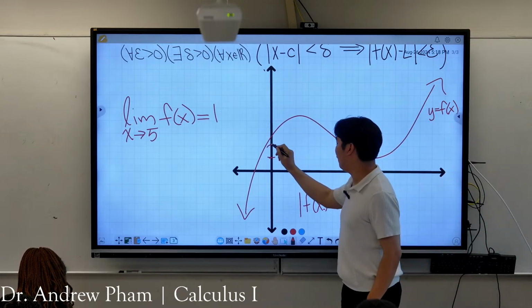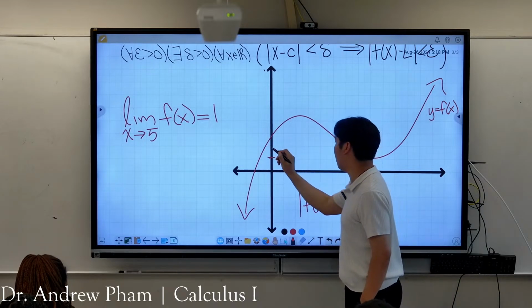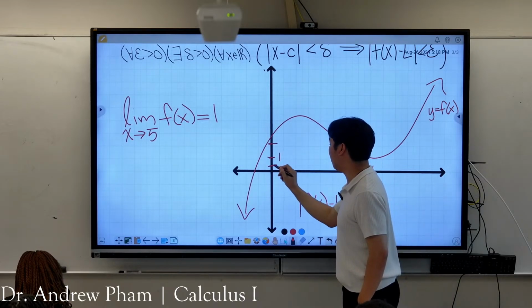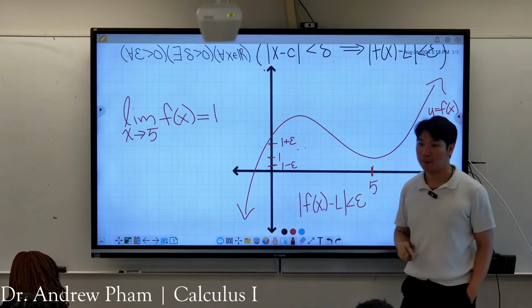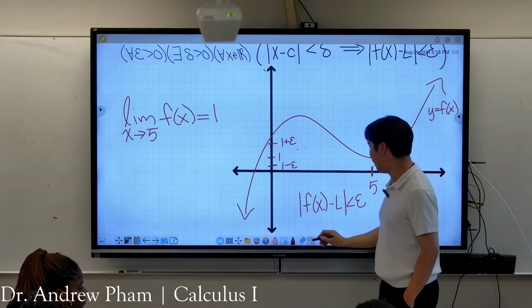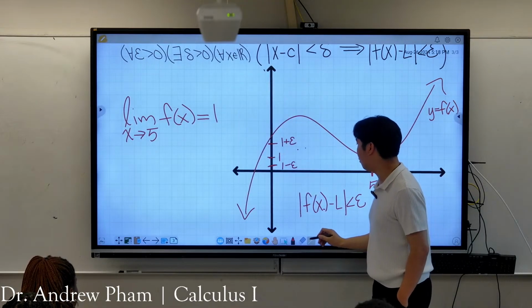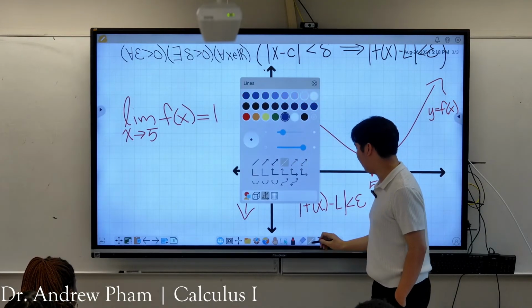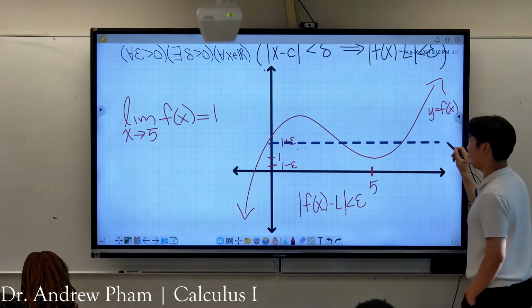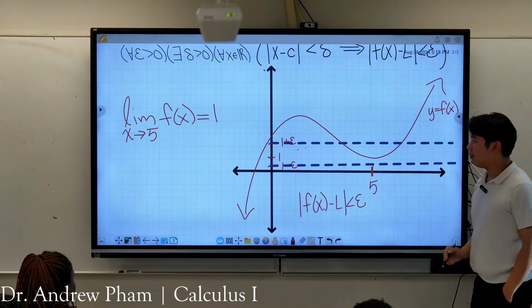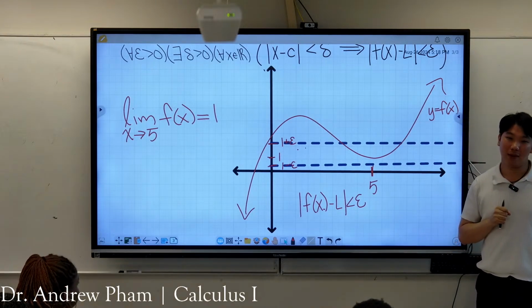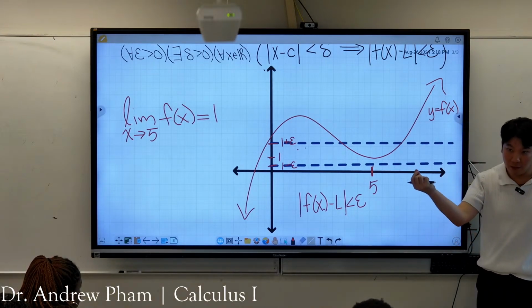So whenever I'm within a certain epsilon distance, whatever epsilon might be, so 1 minus epsilon, 1 plus epsilon. Let's see what happens whenever I draw some dotted lines across. Let's use blue here. So this is 1 plus epsilon, 1 minus epsilon. Epsilon is just some small value.